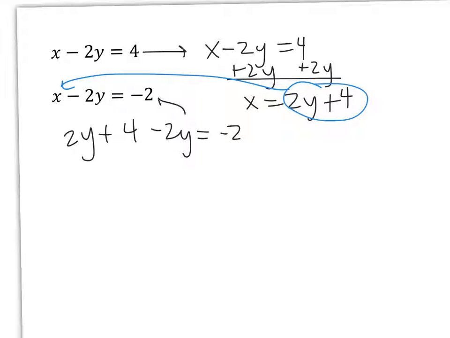Again, we substituted that expression for x in for that second equation. I'll combine like terms. 2y minus 2y is 0y plus 4 equals negative 2.